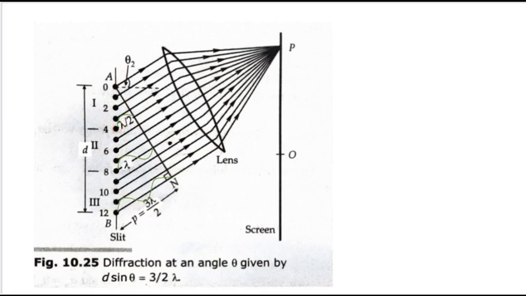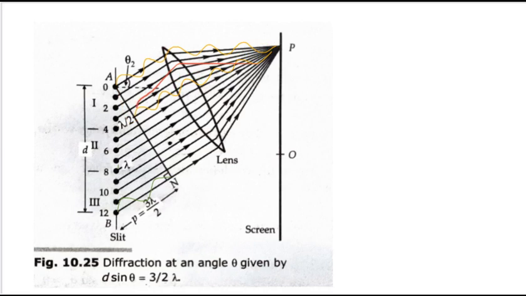So consider the light coming from the point O: 1, 2, 3, 4, and 5 wavelengths. Similarly, the light coming from this point 4: 1, 2, 3, 4, and 5. So up till this point, the light travels equal path. So there is no path difference.